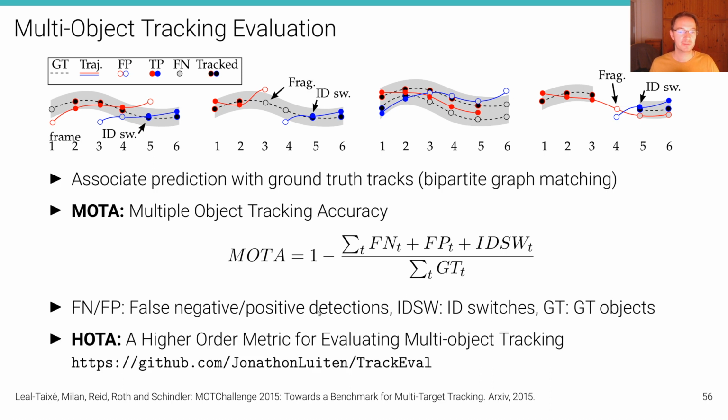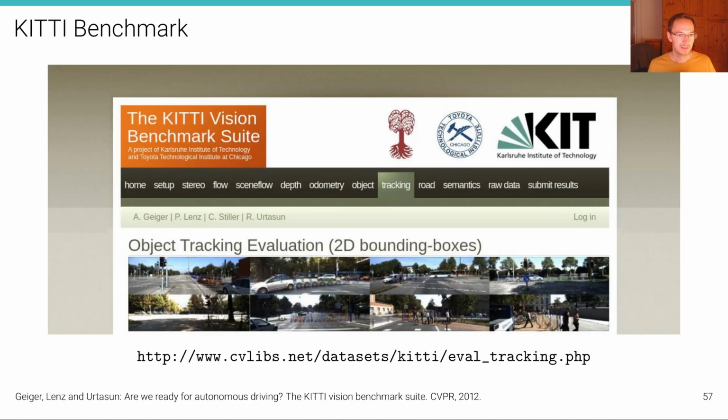And a more recent measure that avoids some of these problems is called HOTA, and it's also implemented in the state-of-the-art evaluation frameworks, a higher order metric for evaluating multi-object tracking that works quite differently from this one here. So state-of-the-art algorithms are evaluated on benchmarks where participants can submit their results on held out test data.